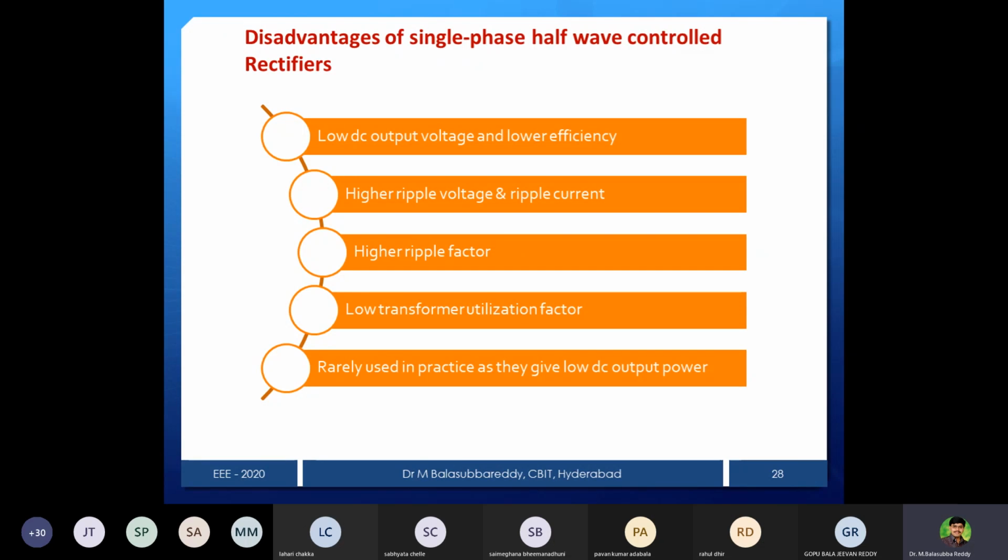And it is rarely used in practice as it gives low DC output power. Because of all these drawbacks, generally we don't prefer this half wave rectifier. The output is very small with large ripples, so you cannot operate a machine or anything. That's why generally we don't use this.